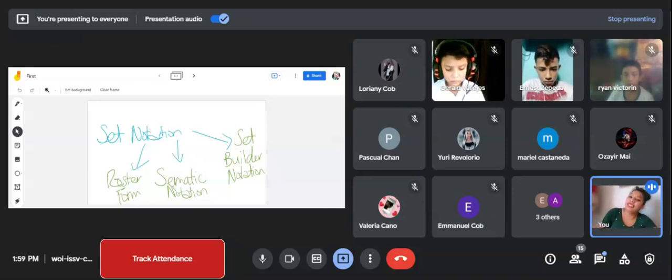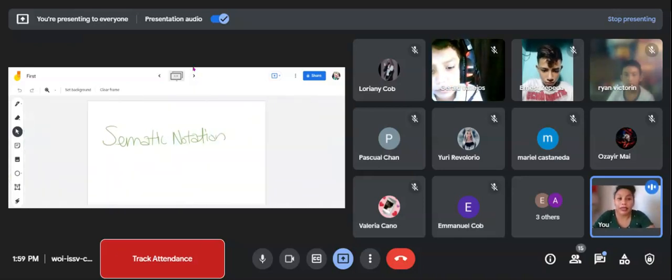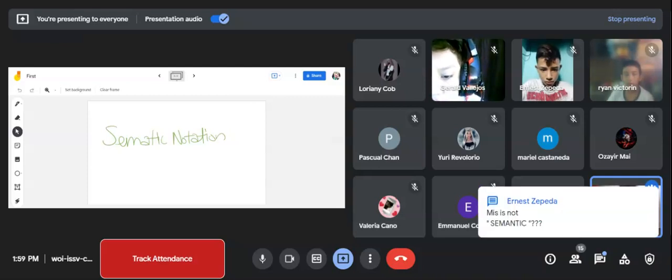Now, semantic notation is the simplest one because that is the one that we have been working with since we started sets last week. It's basically you just listing the elements and putting them in.